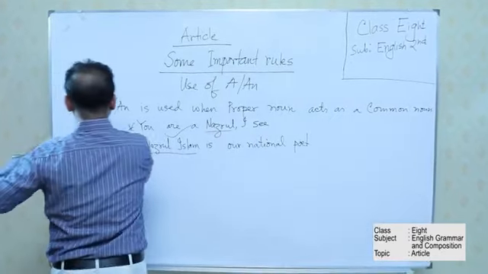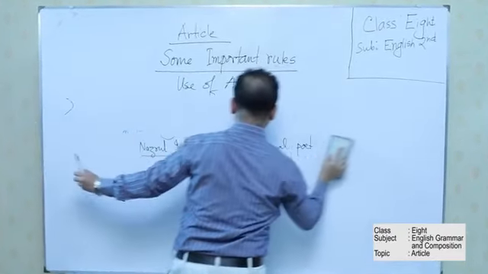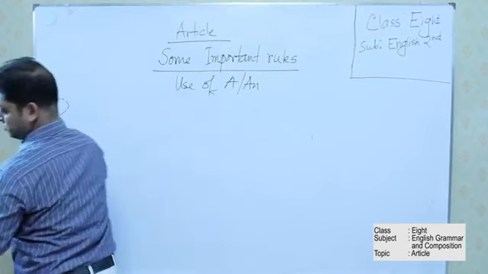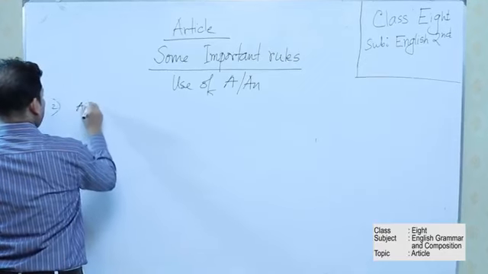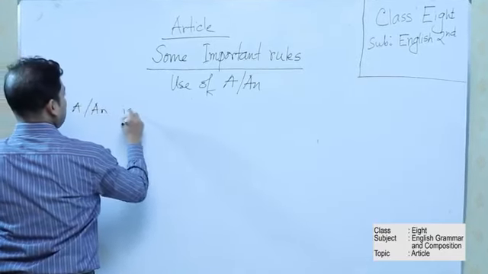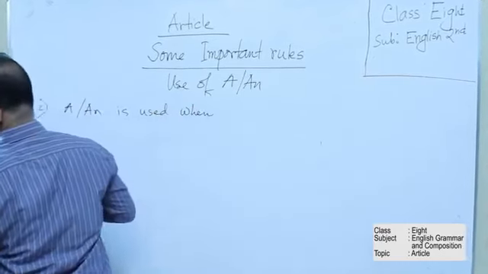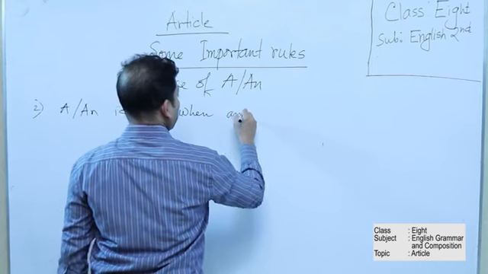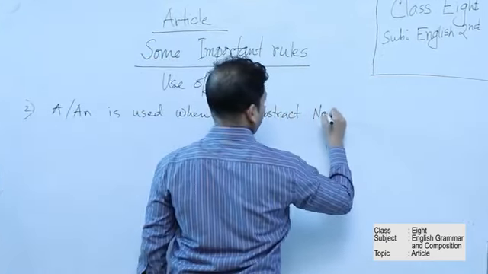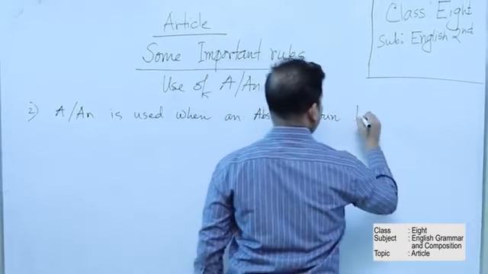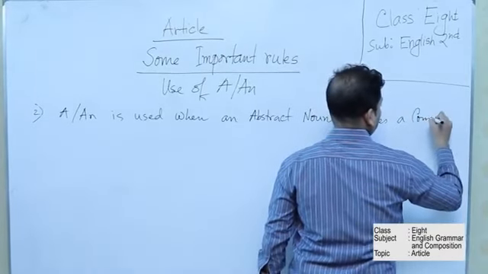Rule number 2. A or an is used when an abstract noun becomes a common noun.